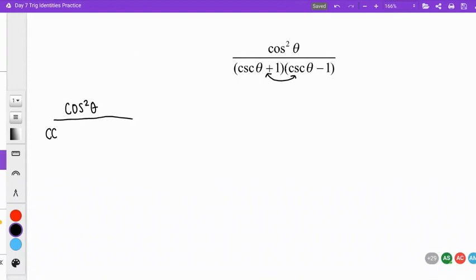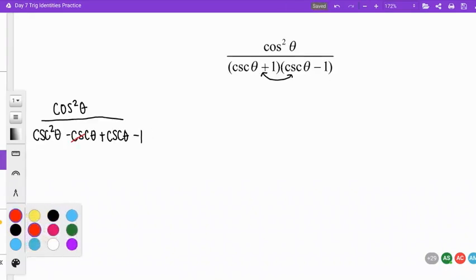Cosecant times cosecant is cosecant squared minus cosecant, plus cosecant of theta minus 1. Those two middle terms have opposite signs, so they cancel each other out. And this simplifies to the cosine of theta all over cosecant squared of theta minus 1.